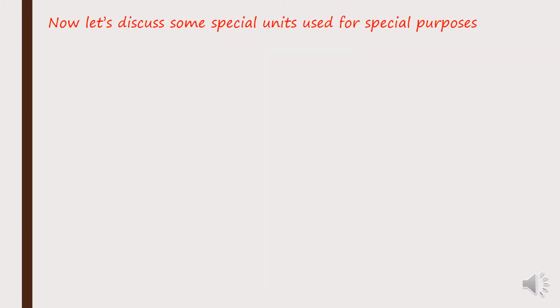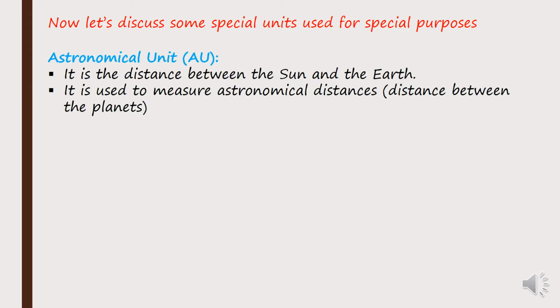So now let us discuss some of the special units which are used for special purposes in physics. The first one is astronomical unit. From the name itself, you can say that it should be some unit which deals with the astronomical part of the world, somewhat like saying that it is from the outer space.